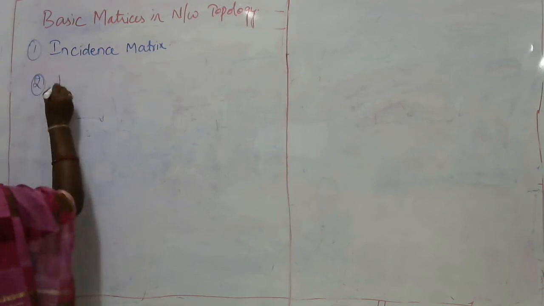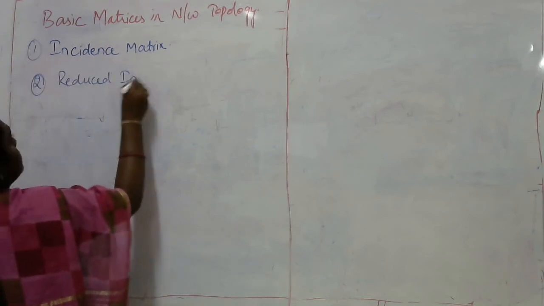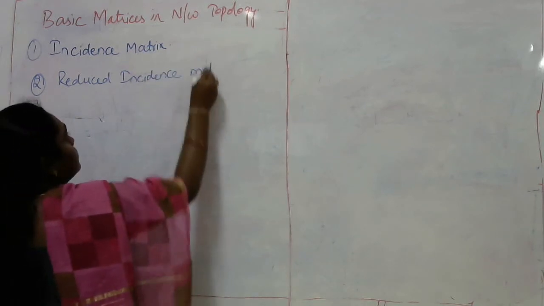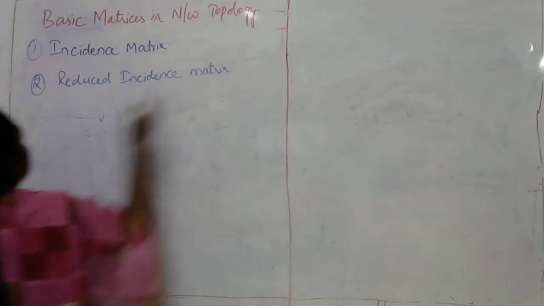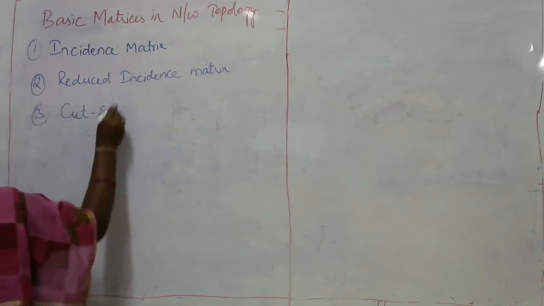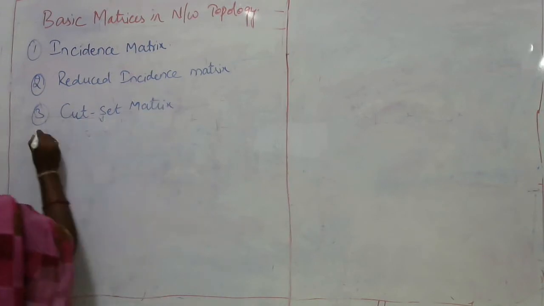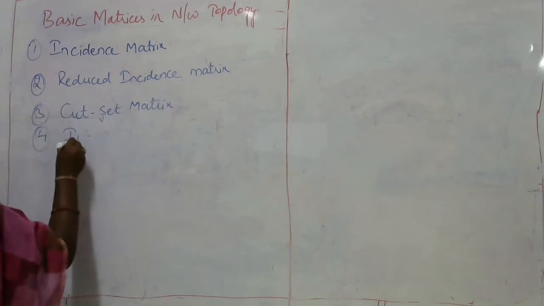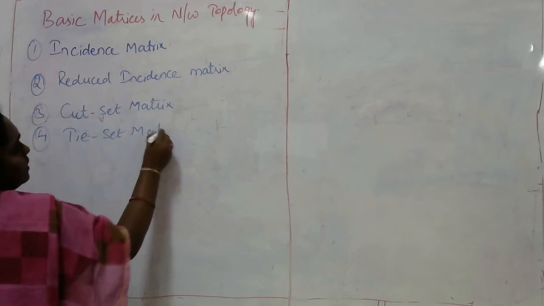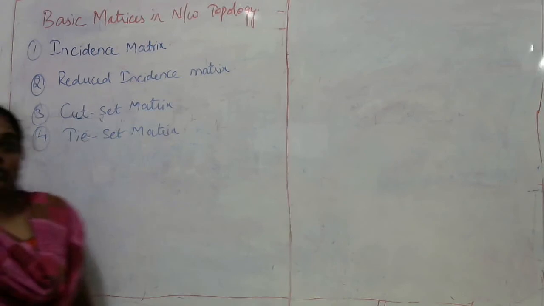The second one is the reduced incidence matrix. The third one is the cut set matrix. And the fourth one is the tie set matrix. So these are the basic matrices which are involved in network topology.